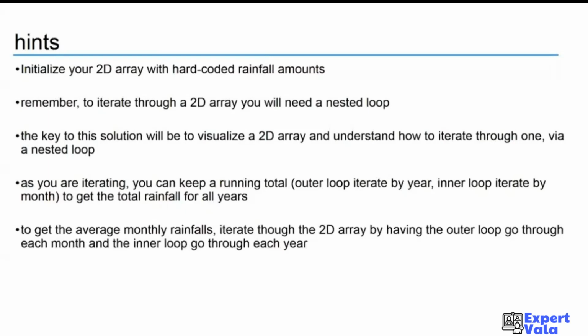I think this will give you the monthly average. So the yearly ones can be in that first loop, and the monthly will be in the second. So that's how you get the monthly average rainfalls.